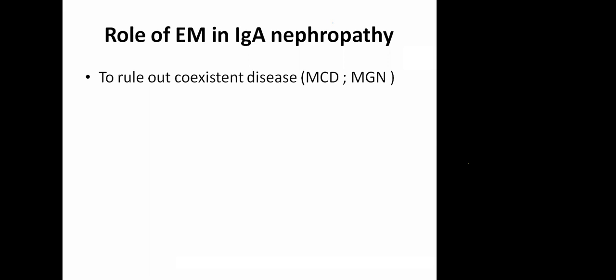For example, there is a case of IgA nephropathy. There are 10 glomeruli, and clinically the patient has nephrotic syndrome. Few glomeruli are showing minimal mesangial hypercellularity. There is no segmental sclerosis, no endocapillary proliferation, no extracapillary proliferation or crescents.